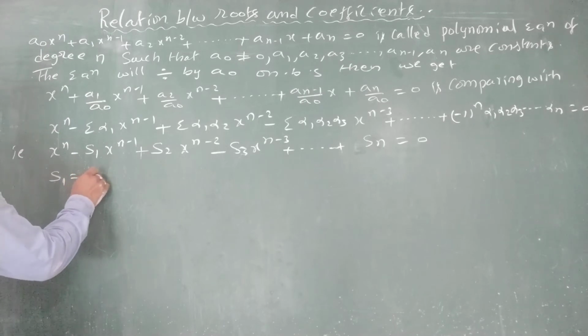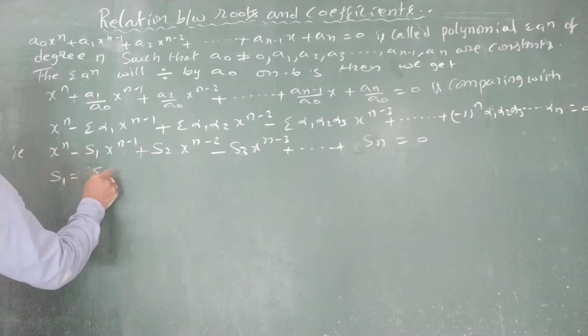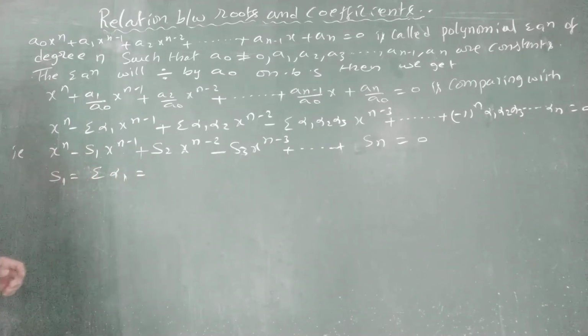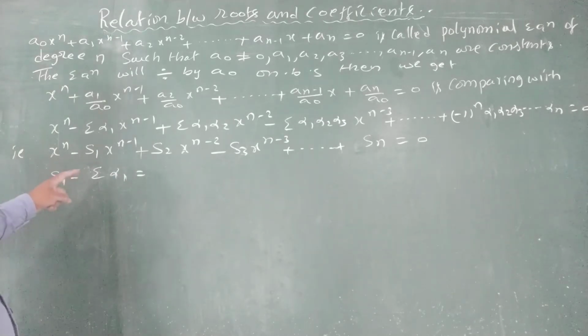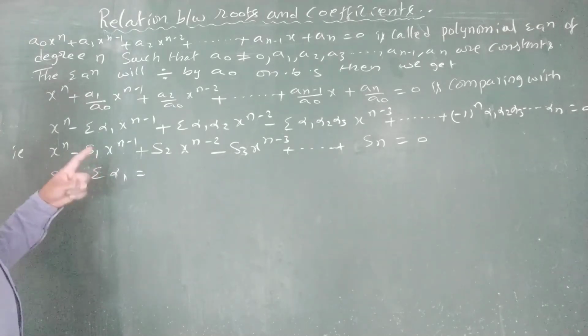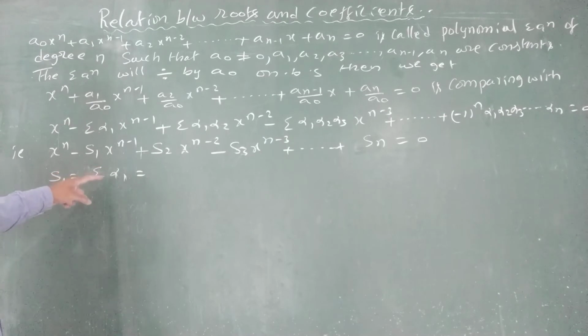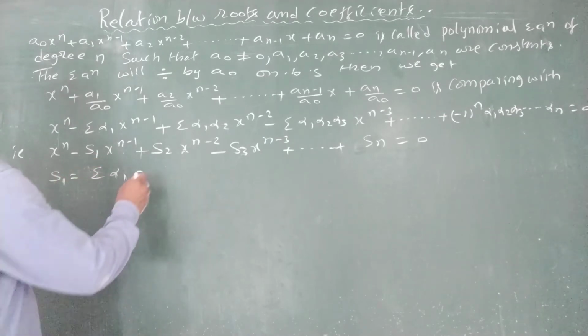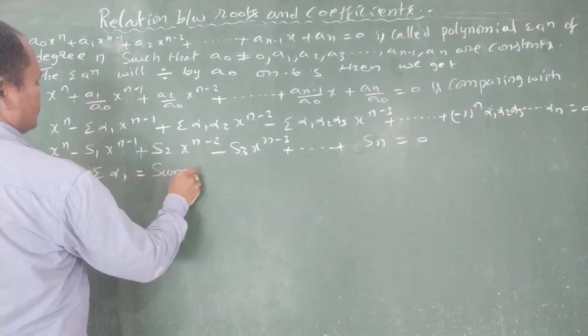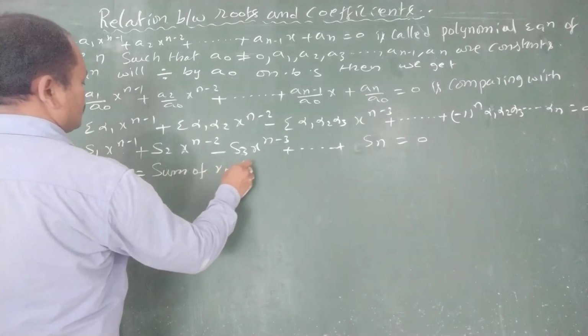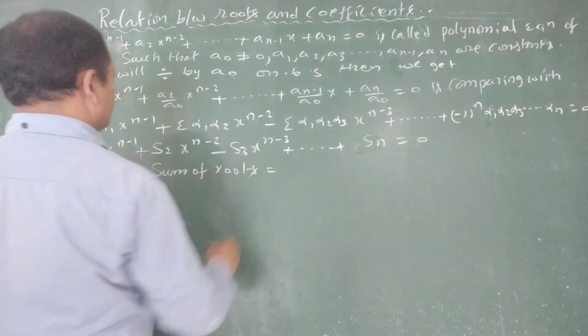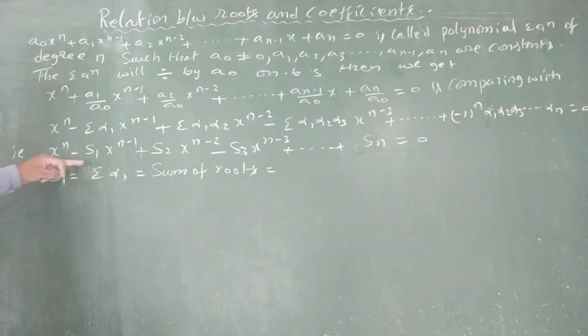Here s1 is equal to sigma alpha 1, that is the sum of roots. What is in place of s1?